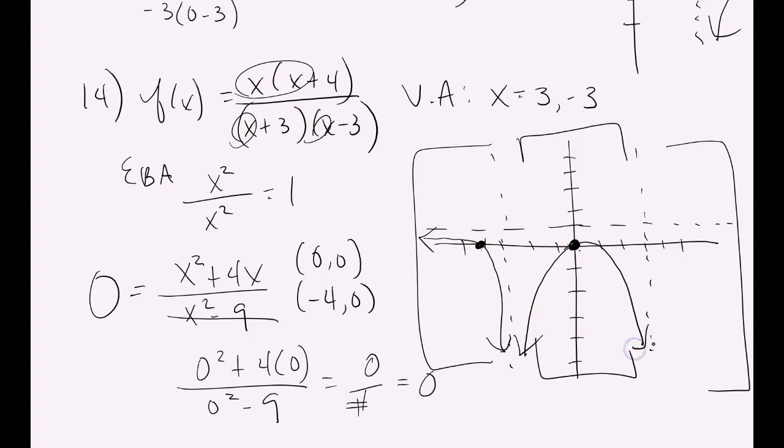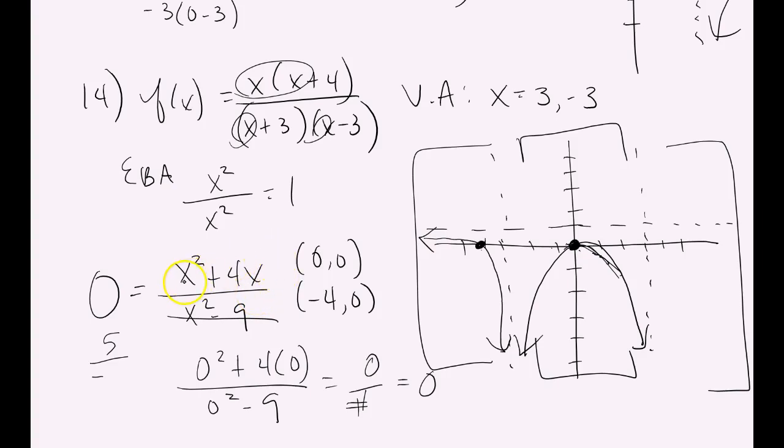Now, to check my gut, I just need to pick an x value and plug it in and see if I'm right or wrong. So let me pick an x value of like 1. If I take 1 and plug it in, I'm going to get 1 plus 4 is 5, 1 minus 9 is negative something. It does need to be negative, so I know I did that right. If I take -1 and plug it in, I'm going to get the same thing, I think.